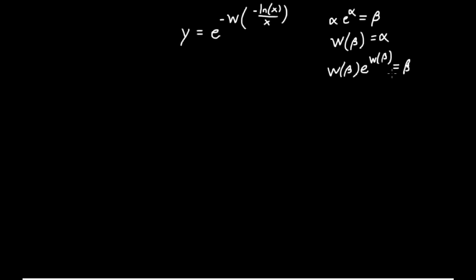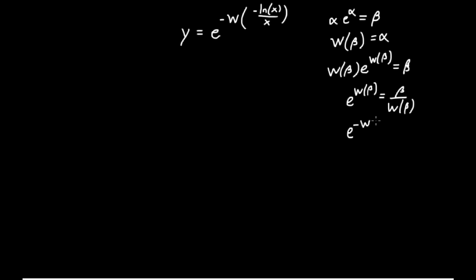And if you think about why this is, it's not too radical why this is true. So what I'm going to do now is solve for e to the W of beta, and I'm just going to divide both sides by W of beta. So on the right-hand side, I'm going to get beta divided by W of beta. And now I'm going to take the reciprocal of both sides.